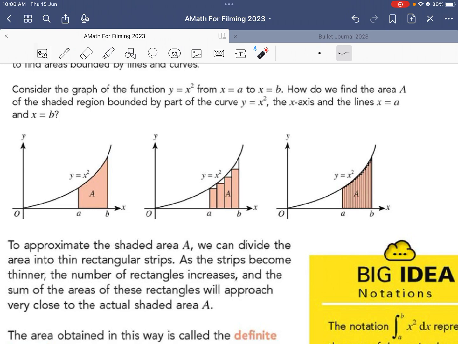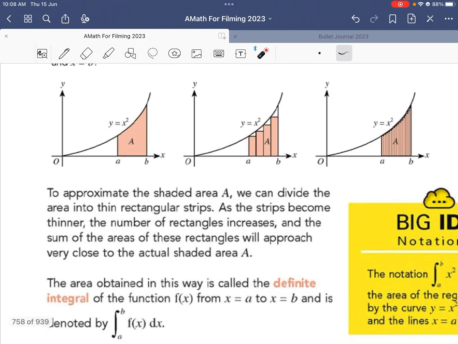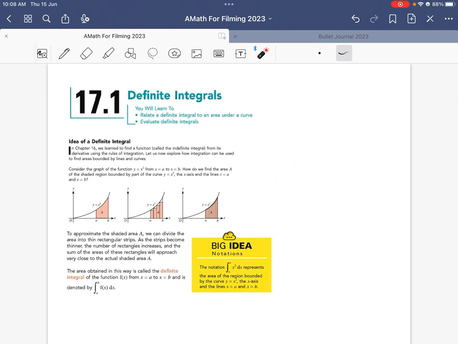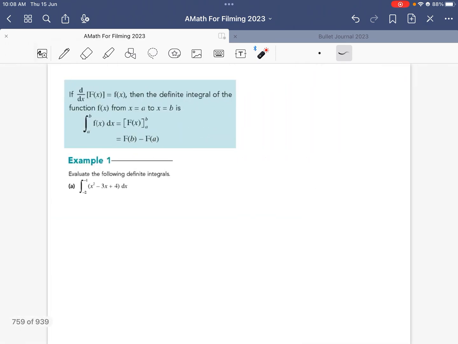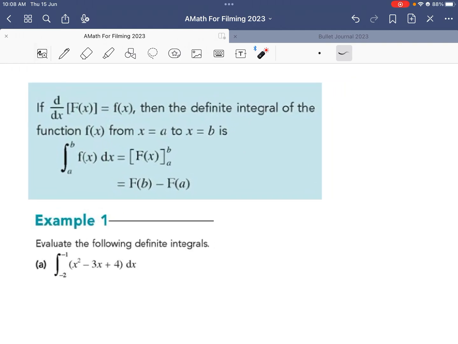What we are doing is drawing all these little tiny rectangles, and the sum of all these tiny rectangles will give you the area under y equals x squared with limits from A to B. So now that you know that that's what the definite integral is used for, to find the area under a curve, there are some notations that you need to learn.